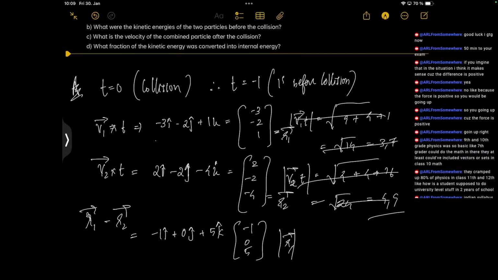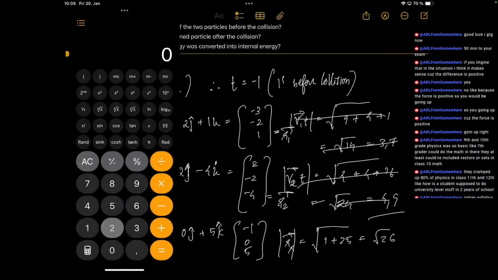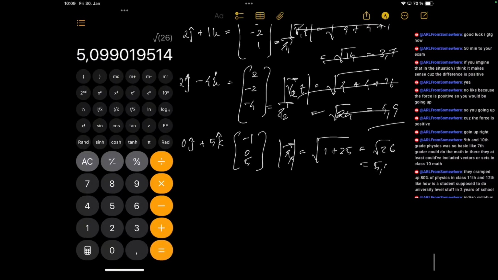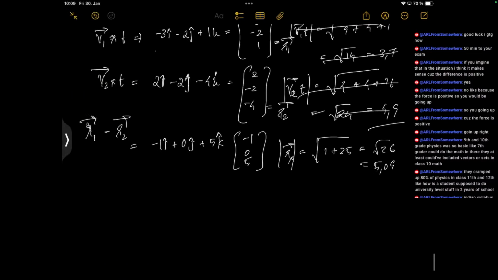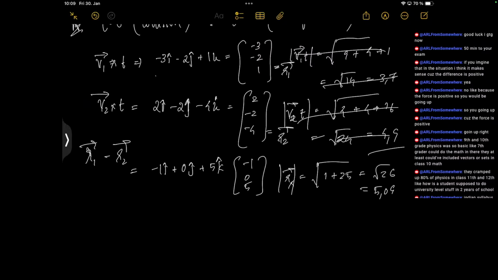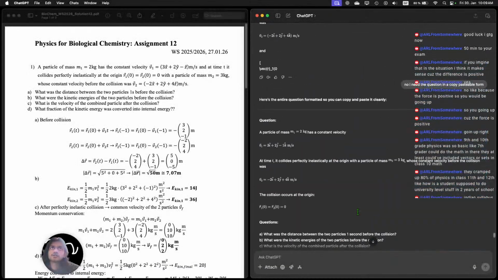Resultant equals root of 1 plus 25, root 26, 5.09. Is that the distance between them? I believe that's somewhat the answer.